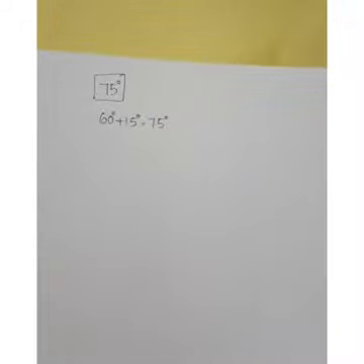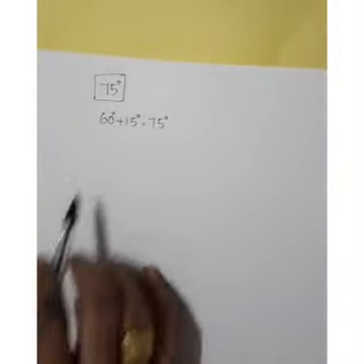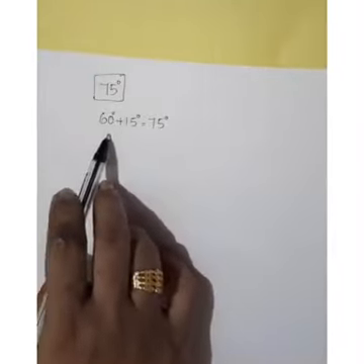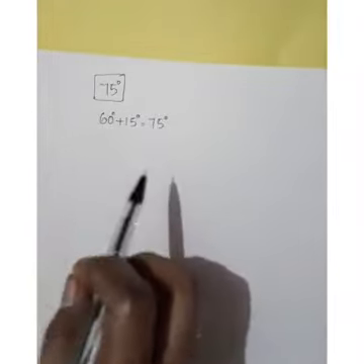The next construction is the construction of 75 degree. Here we need to construct a 75 degree. 75 degree can split as 60 plus 15. That means we want to construct first 60 degree, then after 60 we want to construct 15 more degrees there. Then together 75.